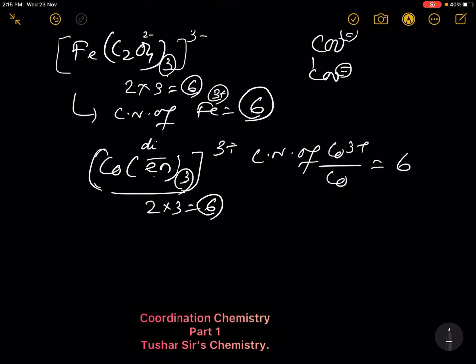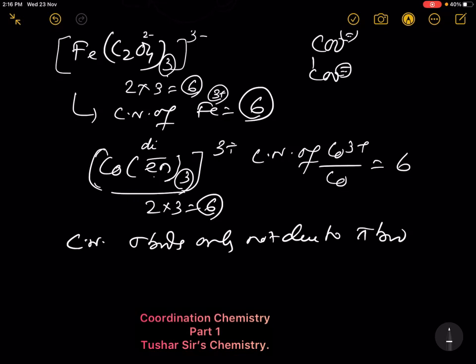Pi bonds, if found between the ligand and the central ion or atom, are not counted for this purpose. So the coordination number is due to sigma bonds only, not due to pi bonds.